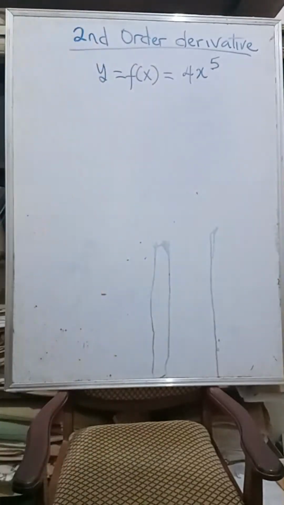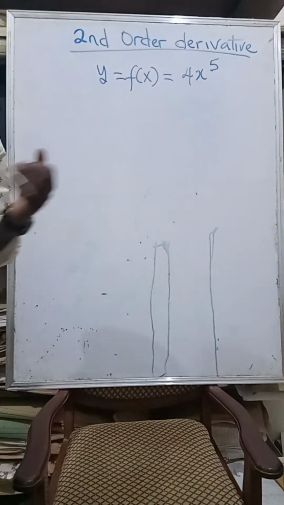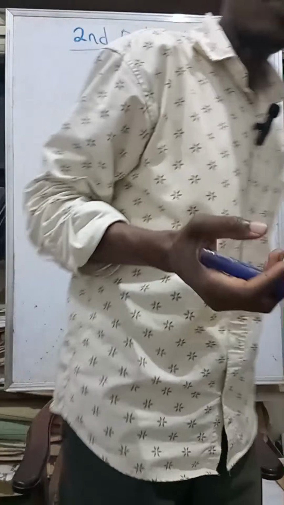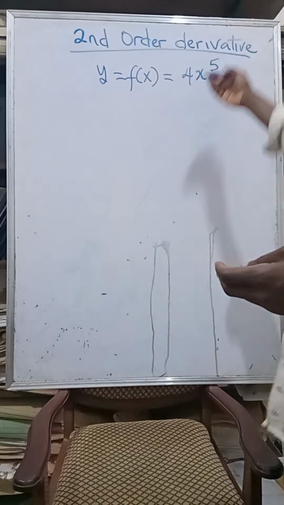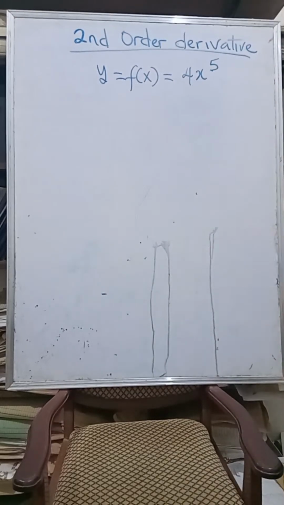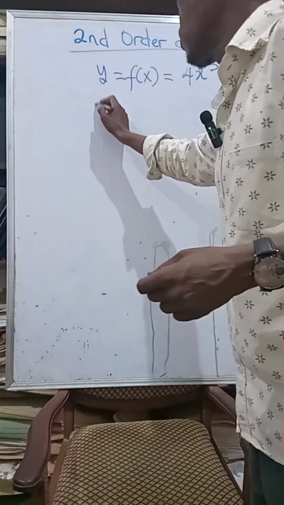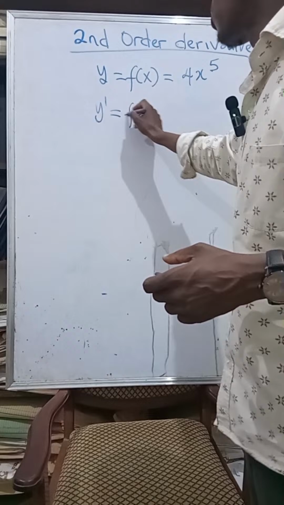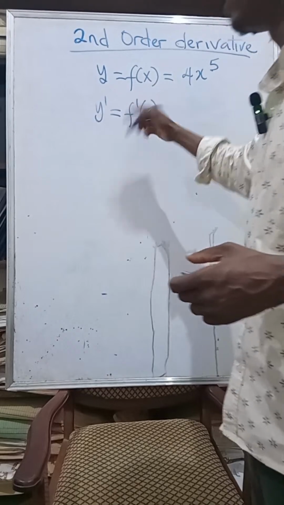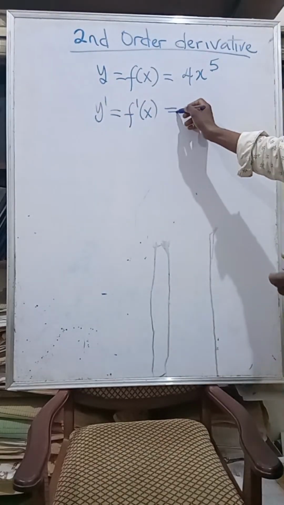Second order derivative is a differentiation that will repeat itself twice. You differentiate the first time and you differentiate the second time, and that will give you the second order derivative. So the first time, y prime, which is the same as dy/dx, and that will be f prime of x if you are using f of x.